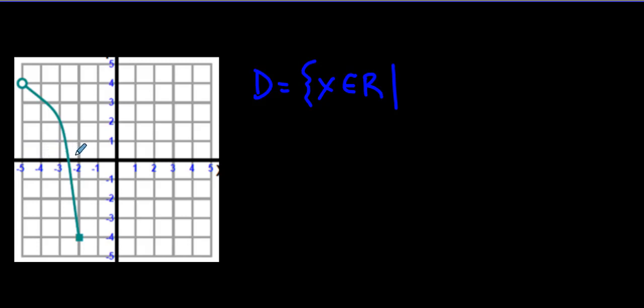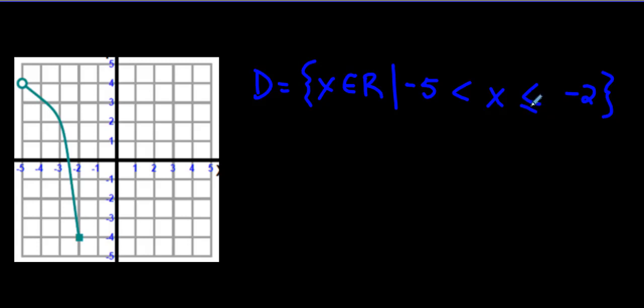And then it actually goes to the right until -2 and it touches the -2. So it's going to be a little trickier, but you do the same thing as before. Put the smallest number on the left, the biggest number on the right. So we go from -5 to -2. Put a bracket there. We're talking about x. So x is greater than -5, not equal to, and x is less than or equal to -2.